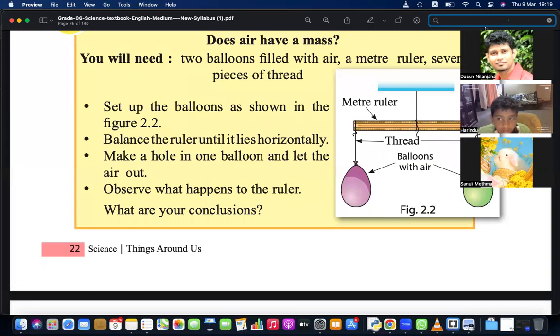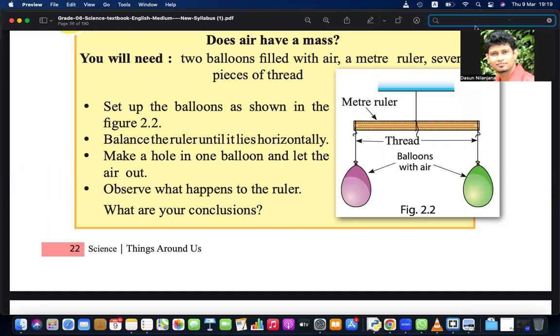Then here, what is the lesson that we have learned, son? If you poke the balloon and make a hole, then this side will go down and this side will go up.